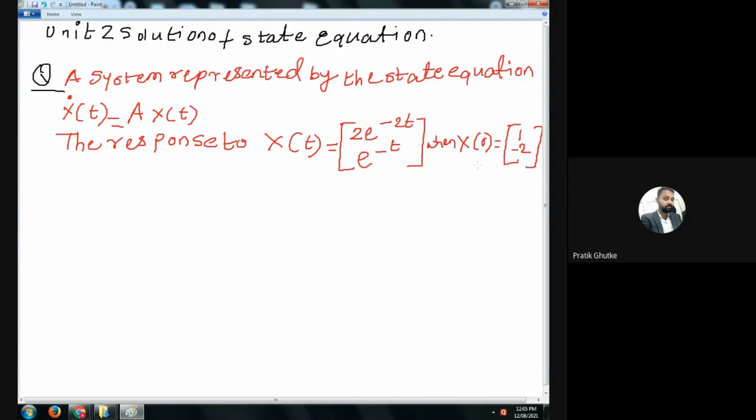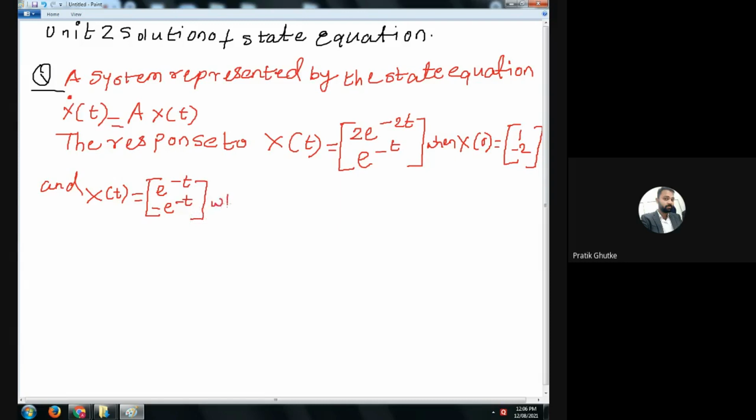Again another condition they have given. What is the next condition? And x of t equals the matrix they have given: e raised to minus t, minus e raised to minus t.